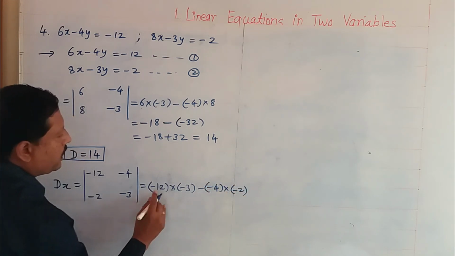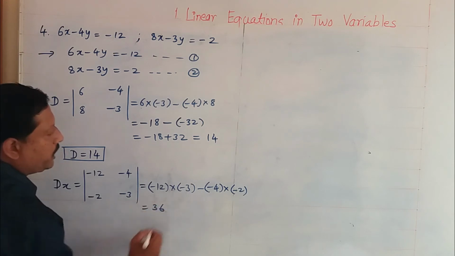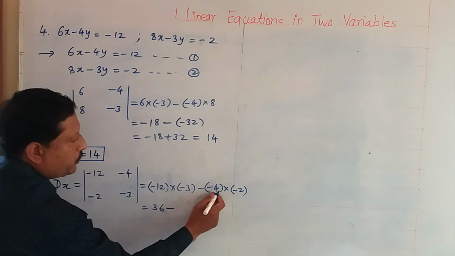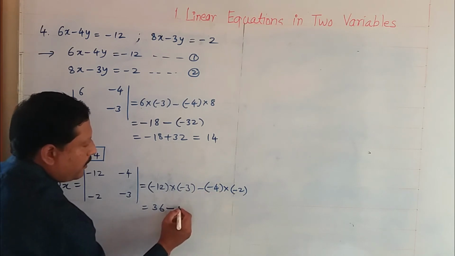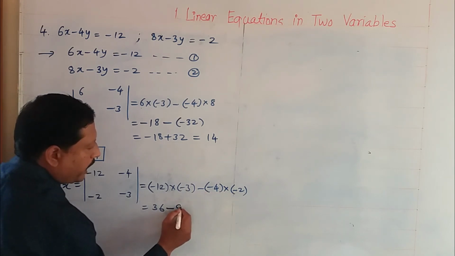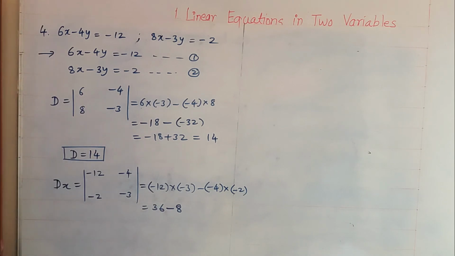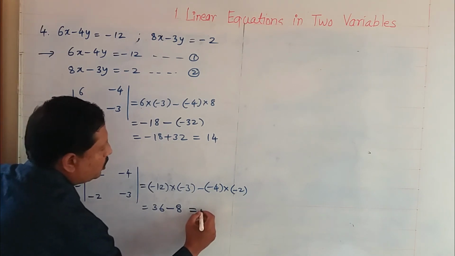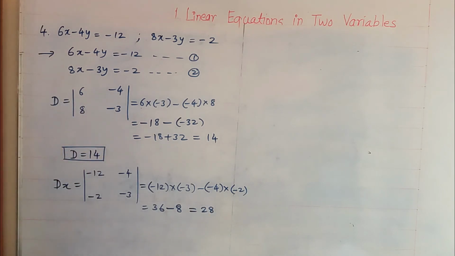So in this way negative into negative will be positive. And here from this formula, this negative number into negative number will be positive 8. So 36 minus 8 is equal to positive 28. Hence the value of Dx is equal to 28.